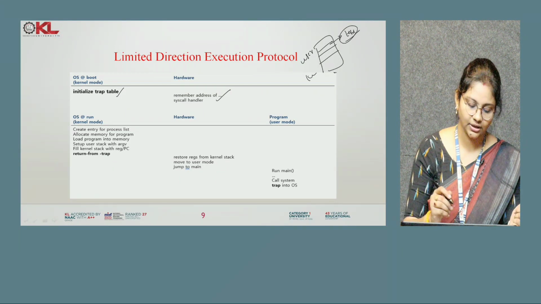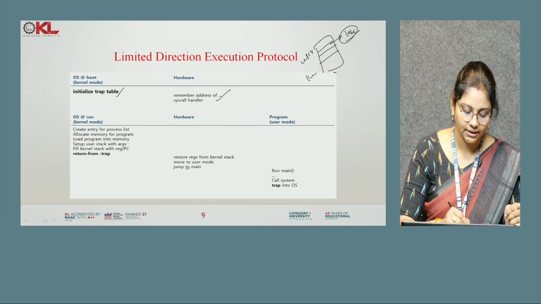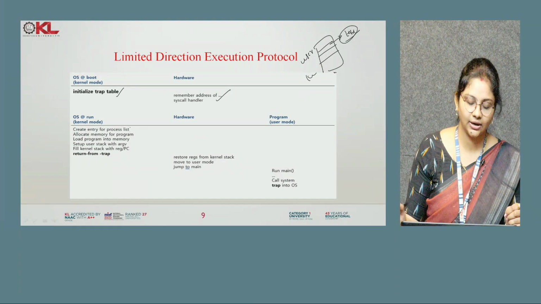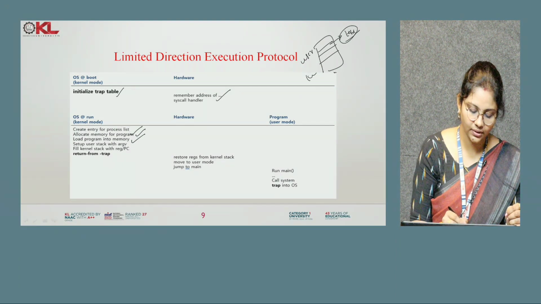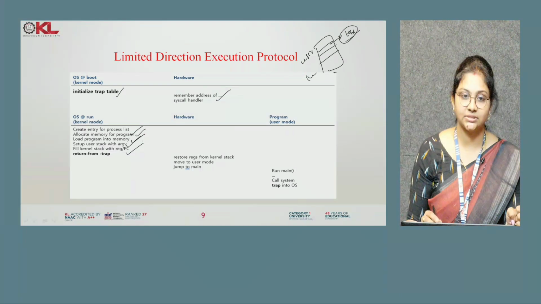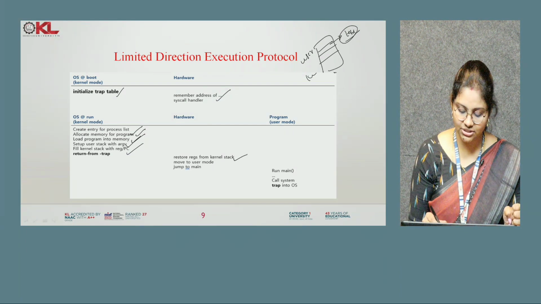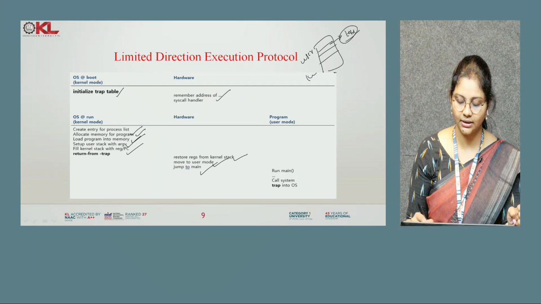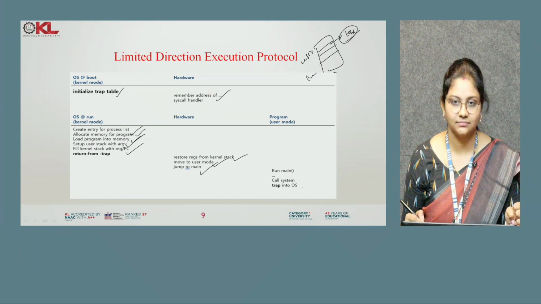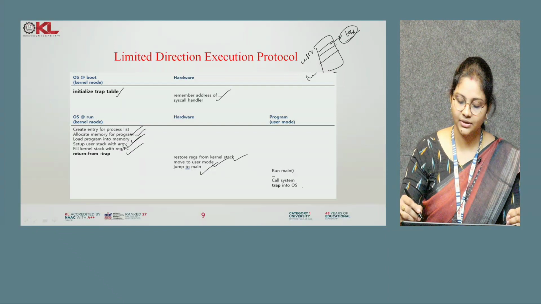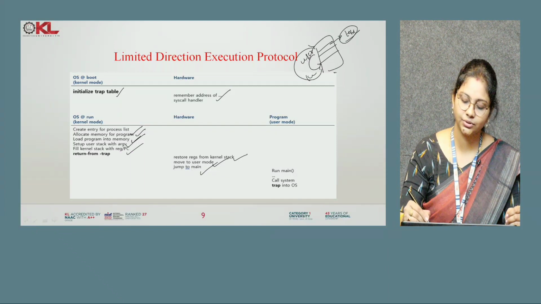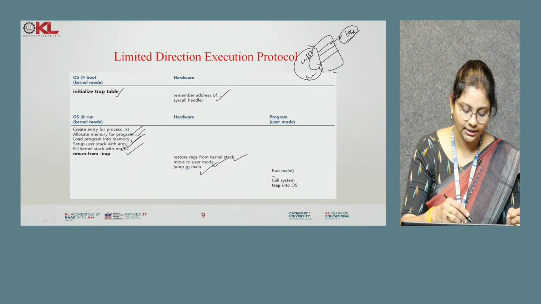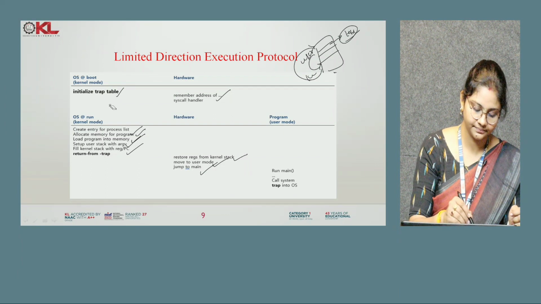Next, create an entry for the process list, allocate memory, load the program, set up the user stack with arguments, and fill the kernel stack with registers. Then restore registers from the kernel stack and move to user mode, jump to main, and then the return from trap function, right? That means user to kernel and kernel to user. What I have explained earlier is mentioned step by step here.